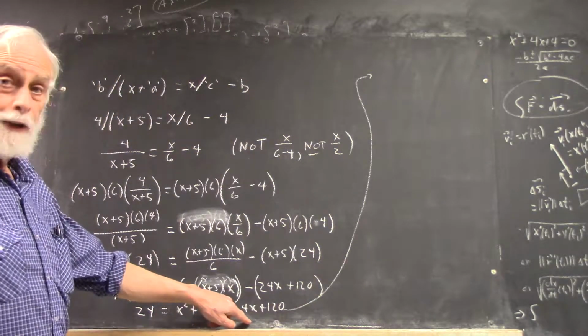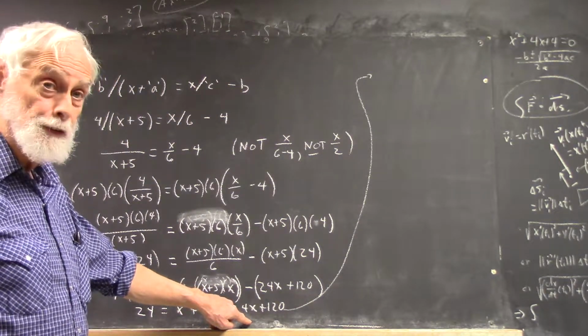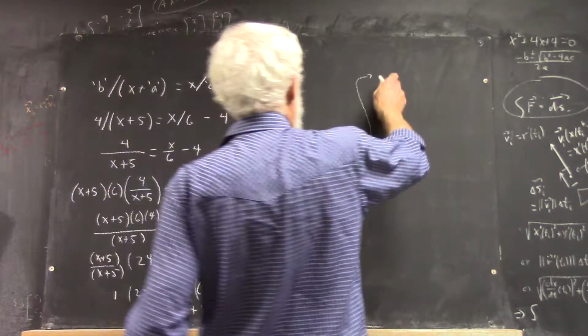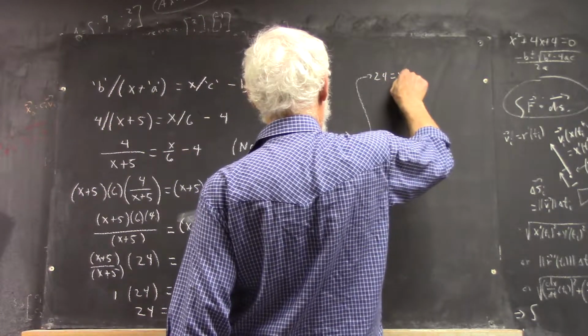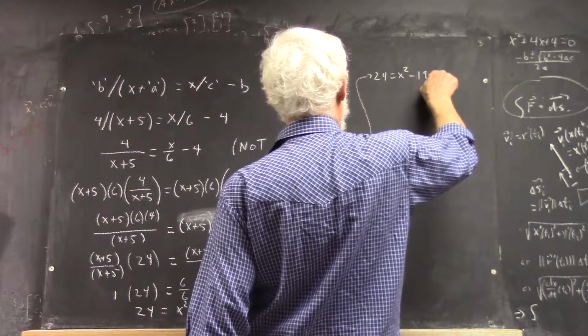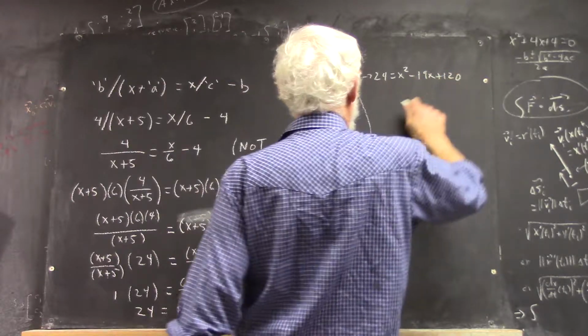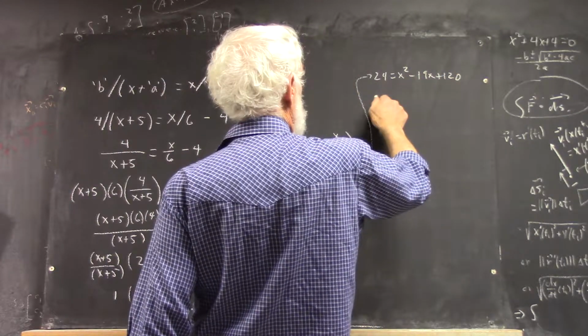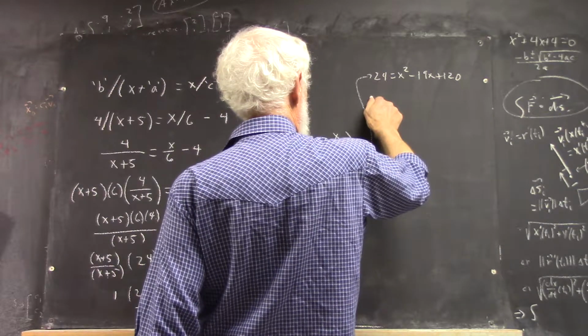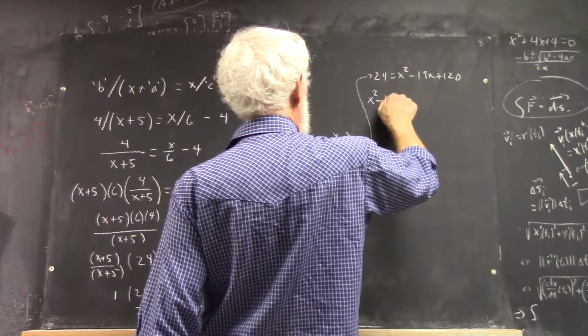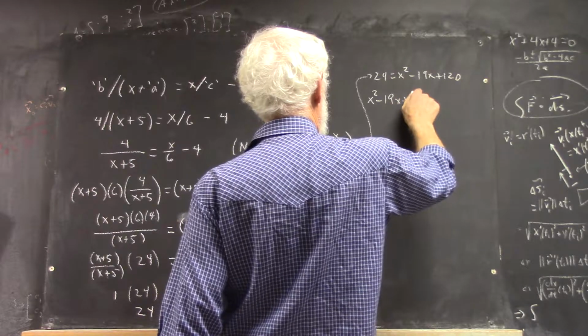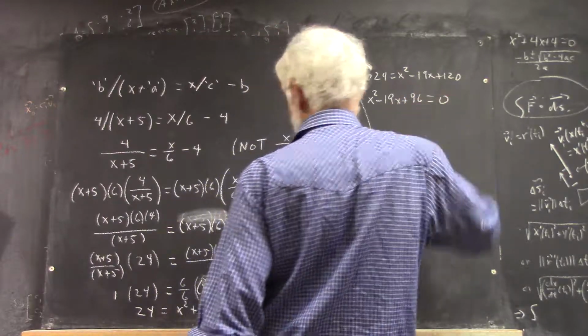Then the 5x minus 24x is negative 19x. So I'm going to do it slowly. I could combine these things, but I'm going to say x squared minus 19x plus 120. And now I subtract 24 from both sides, and I get x squared minus 19x plus 96 equals 0.